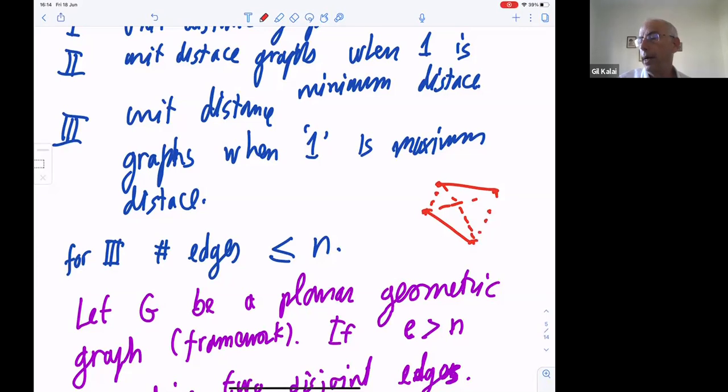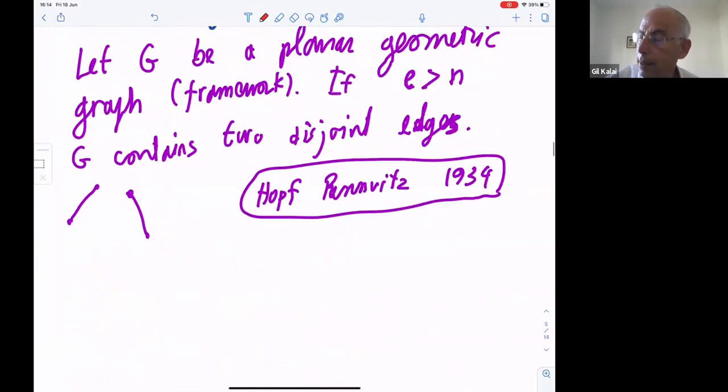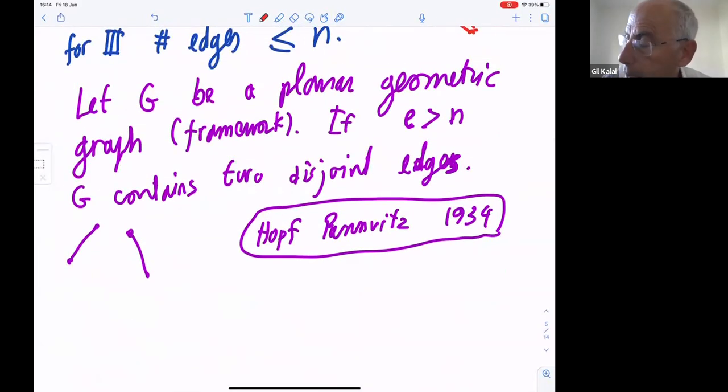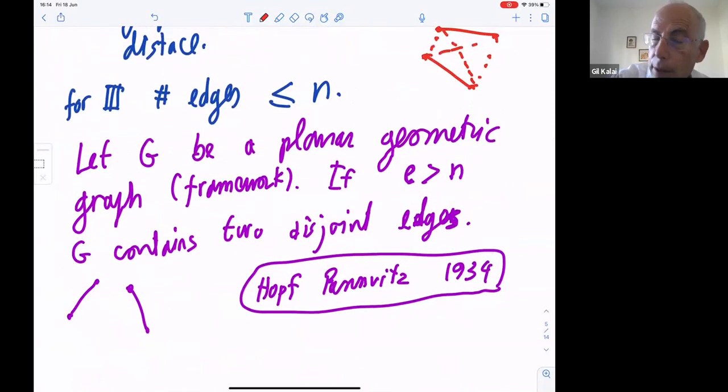So this result by Hopf and Pannwitz, which is a very interesting result on its own, implies the result about unit distance graphs where all the distances are smaller than one.